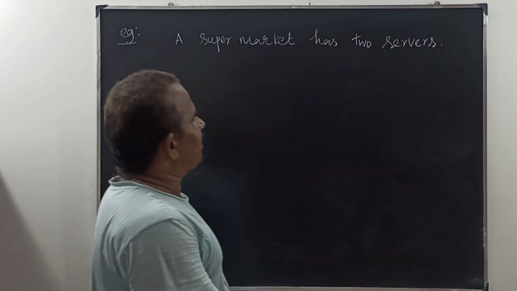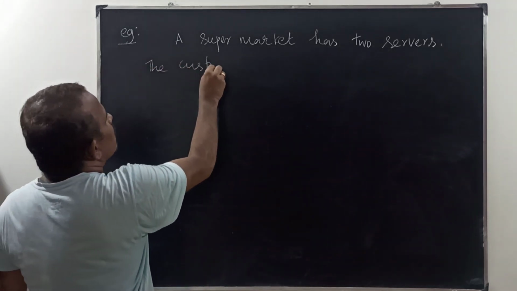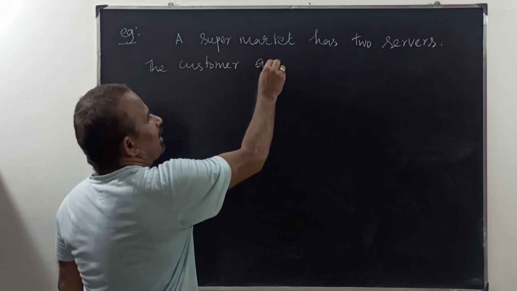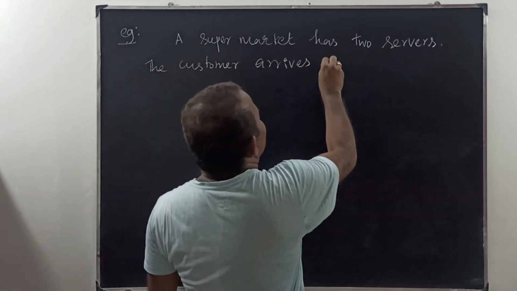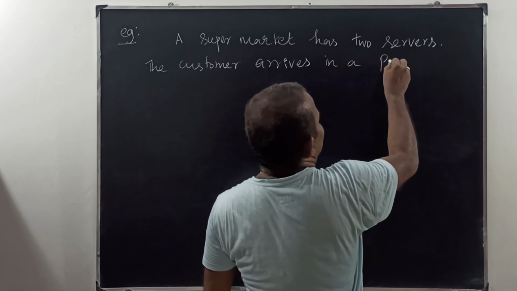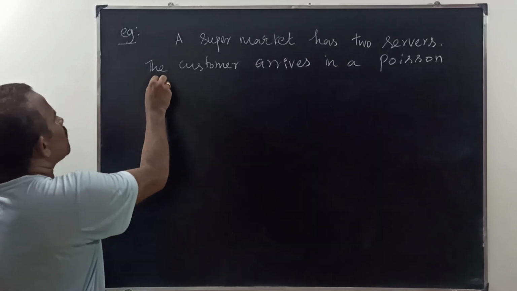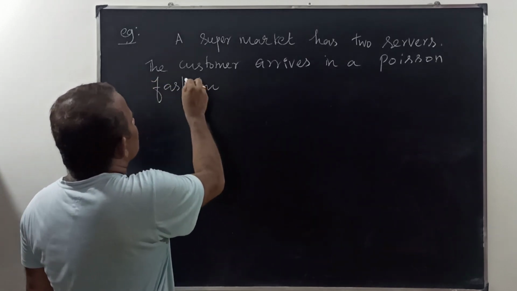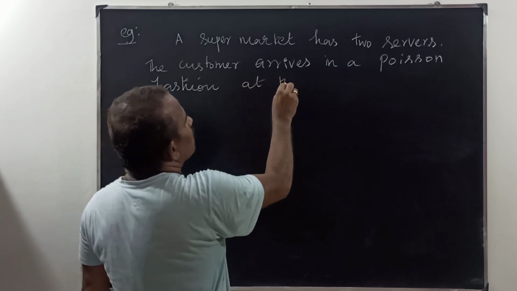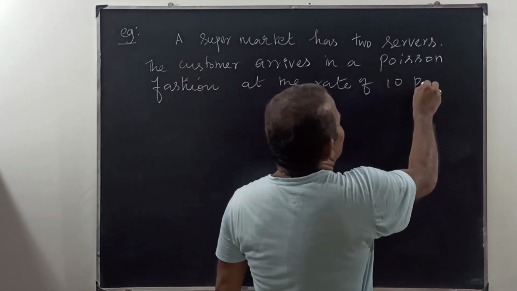Customers arrive in a Poisson fashion at the rate of 10 per hour.